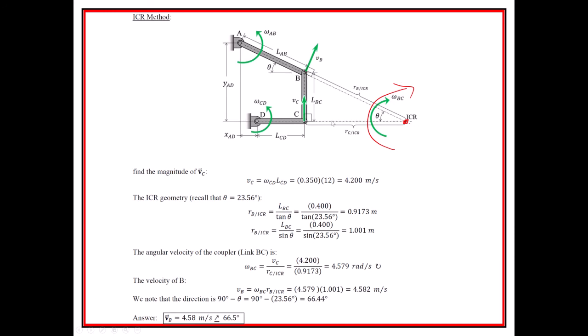I think the ICR can be an easy way to do it, as long as the geometry isn't too outrageous. Sometimes it's just a little difficult to work your way through and find it. It's a lot easier when there are a lot of right triangles involved.